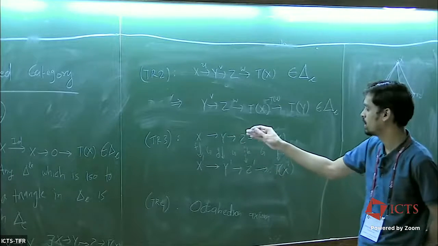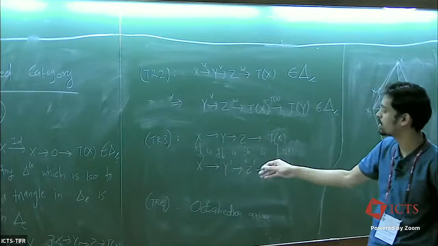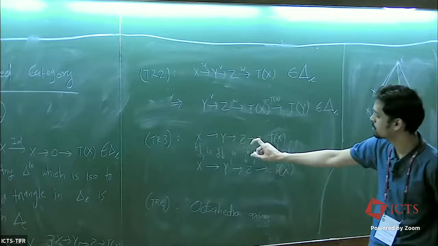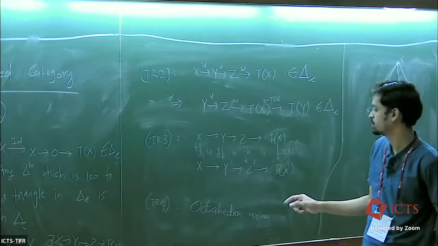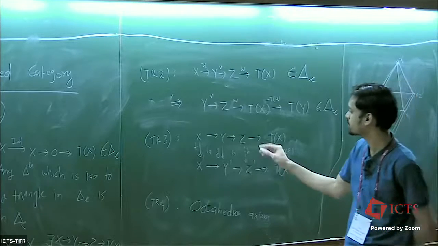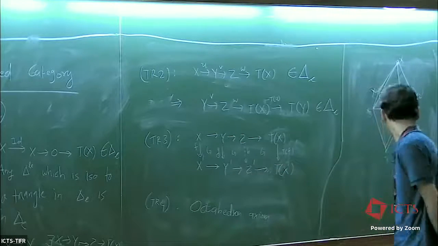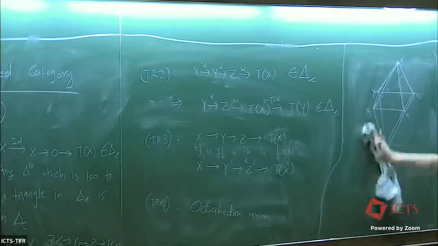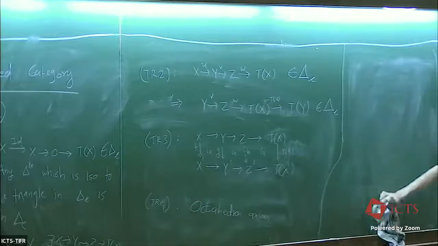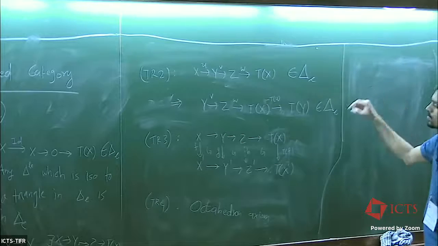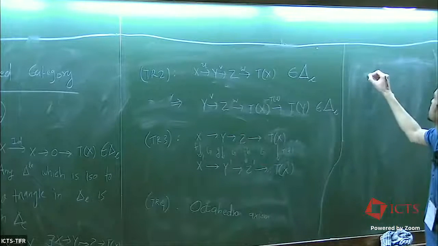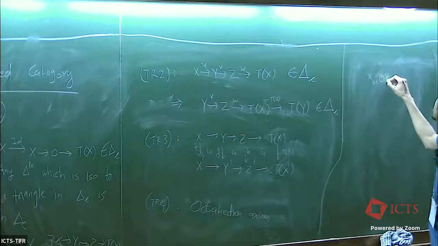And I have the component wise map, which I can use to construct this H. So this H is going to be, ith component here is going to be Xi minus 1 direct sum Yi.